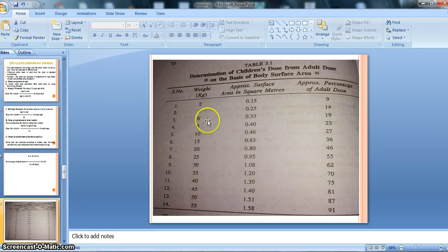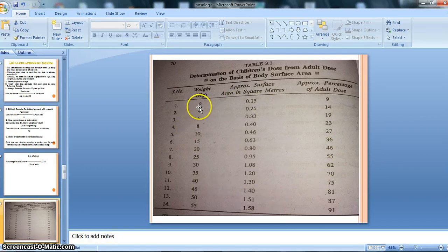The surface area is a constant digit which is already calculated here. That's why we do not need to find out the surface area of the patient. The percent of adult dose is also already calculated here.